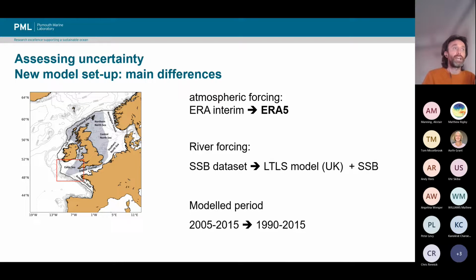We use that because it has a much better resolution of the freshwater discharge, as well as the nutrient load for the UK. And then we kept using the subsea biogeochemistry dataset for continental Europe. And then we extended the simulation period from 1990 to 2015.